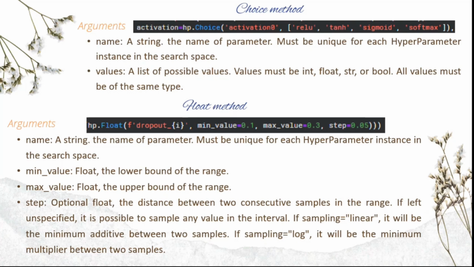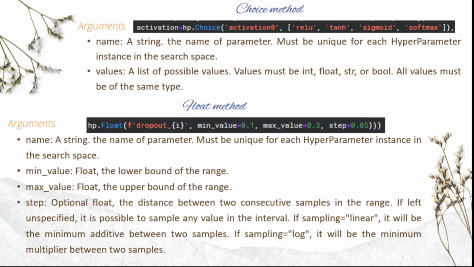And the next is the float method. The name of this method is a string, and this name must be unique for each hyperparameter instance in the search space. The min value and the max value have data type float. Min value is the lower bound of the range, and the max value is the upper bound of the range. What about the step?